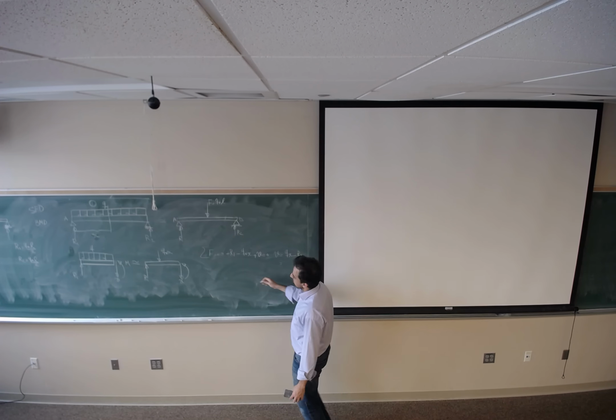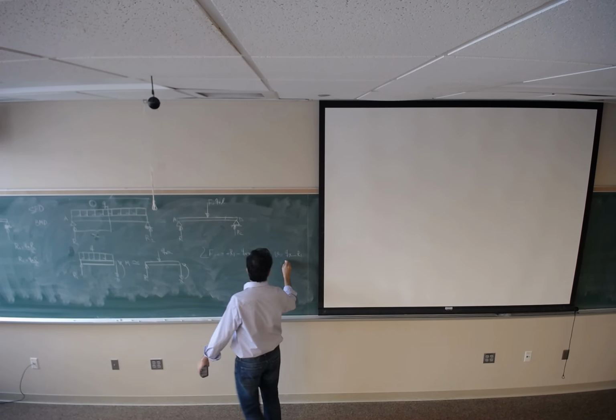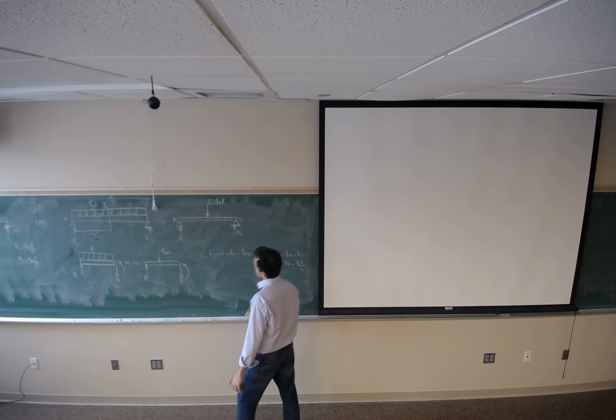And R1 is Q times L divided by 2. I just plug in Q times X minus Q times L divided by 2. Good? Why is V positive?